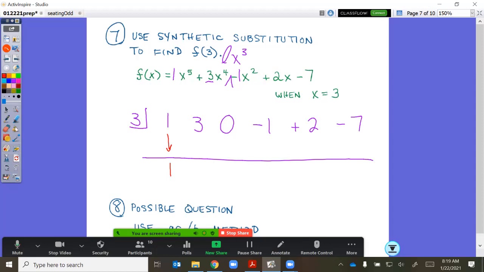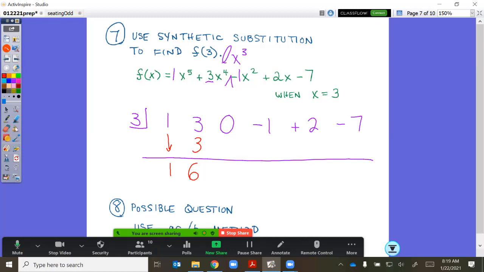Okay, so 3 times 1 is 3, and we add them, 6. Everybody see what I did so far? I multiplied the 3 times 1 and wrote it here. And then I added the 3's together, so I got 6.